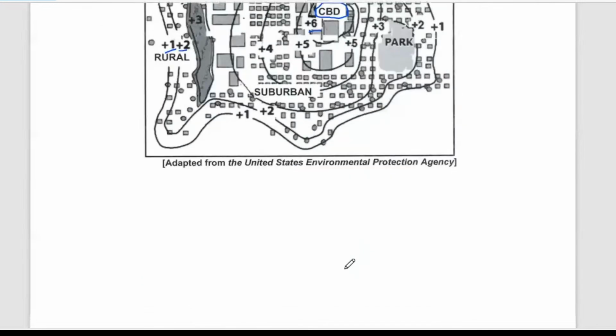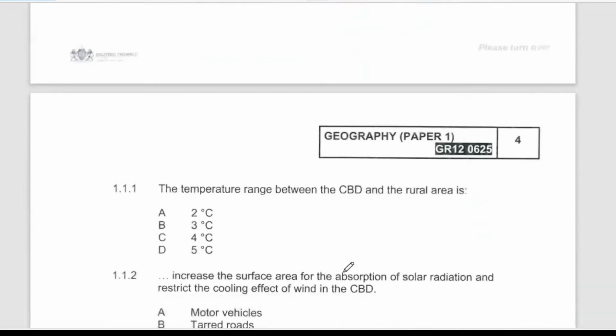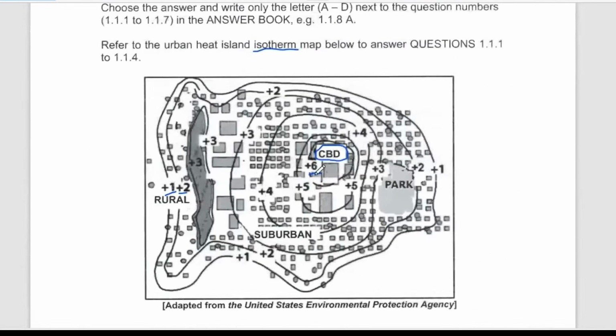Right, let's go to our questions. Our first question is saying the temperature range between the CBD and the rural area is. When we're talking of a temperature range, we are looking at the difference between the highest temperature recorded and the lowest temperature recorded. From our illustration, the CBD isotherm reading is positive 6, and the rural is positive 1.